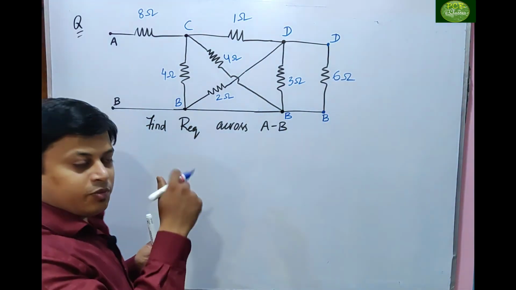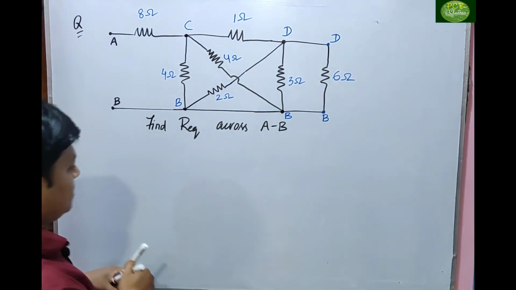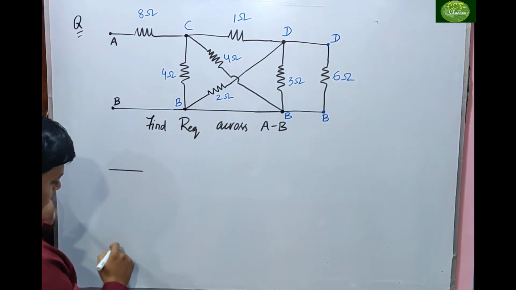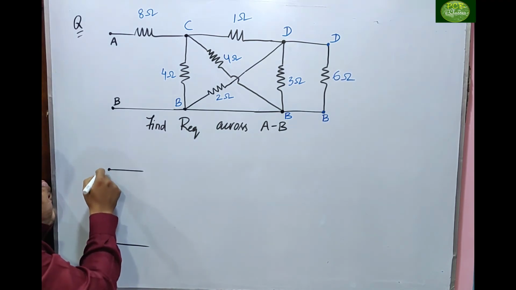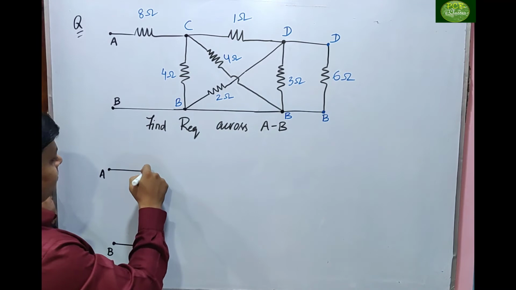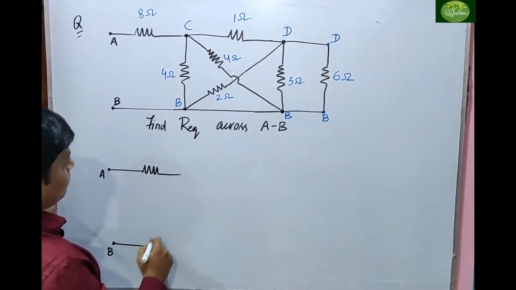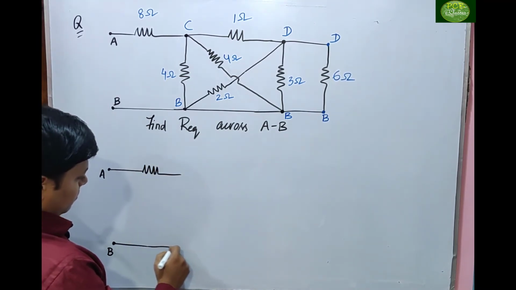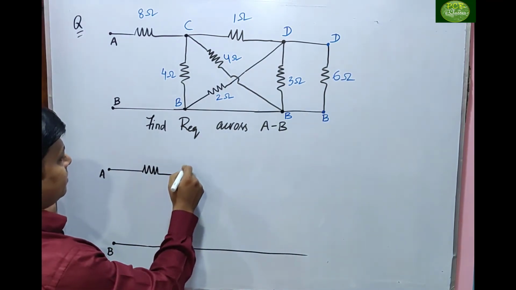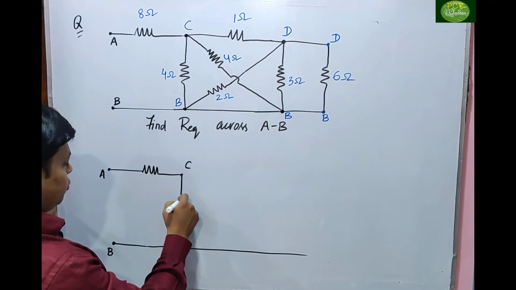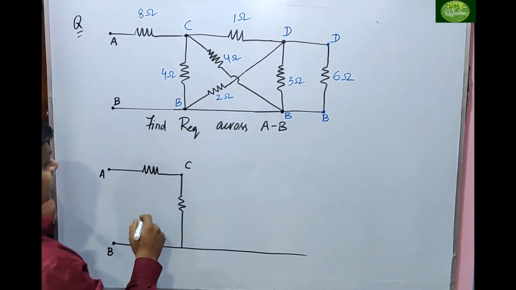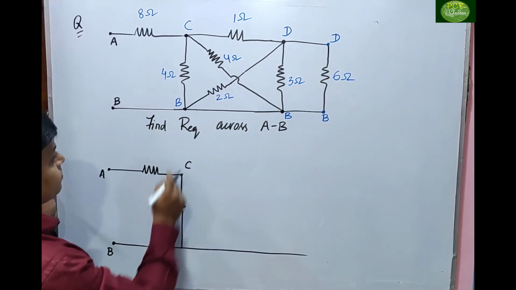Now we will put it in a proper format. Across AB. So this is the point A. This is the point B. Fine. Till C. C to B. You can see here, what is there? 4 ohms.